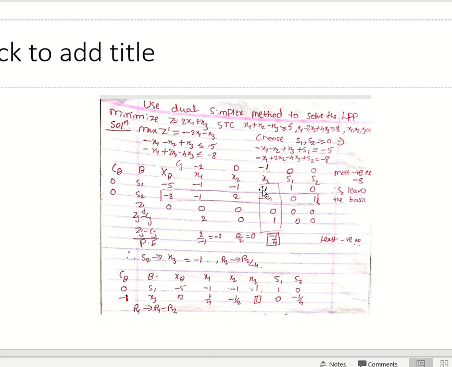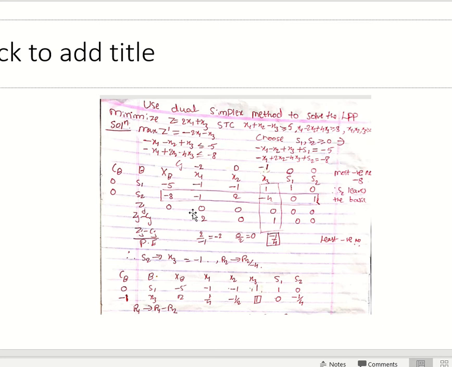So which is the least one, that we have to consider as the pivotal column. After finding the pivotal column, we get the pivot element in that particular row. So this is the minus 4.